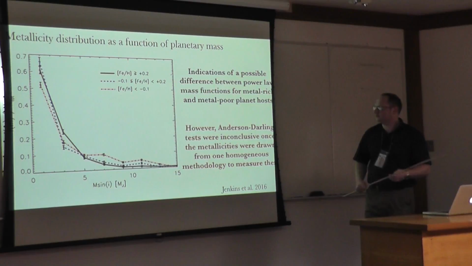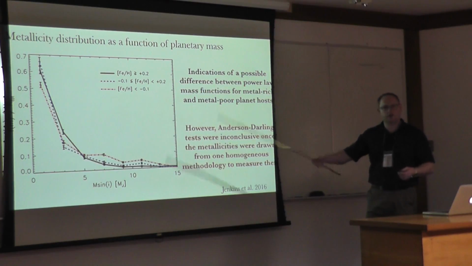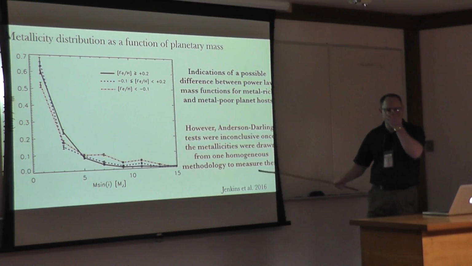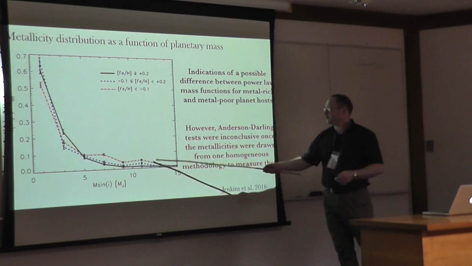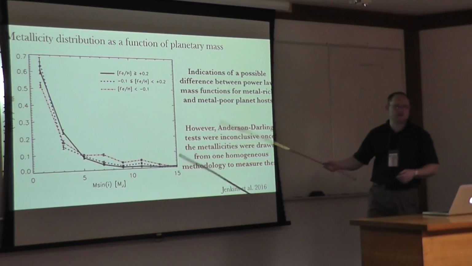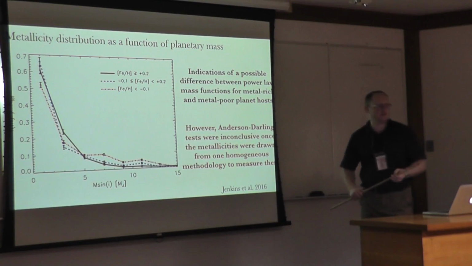We're going to really work on this. We have a paper coming out next year where we're going to try to convolve these samples, particularly HARPS and CHEPS, analysing the metallicities homogeneously and getting rid of all the sensitivity biases. So we'll be able to look at these things next year in a much better, much tighter statistical way.